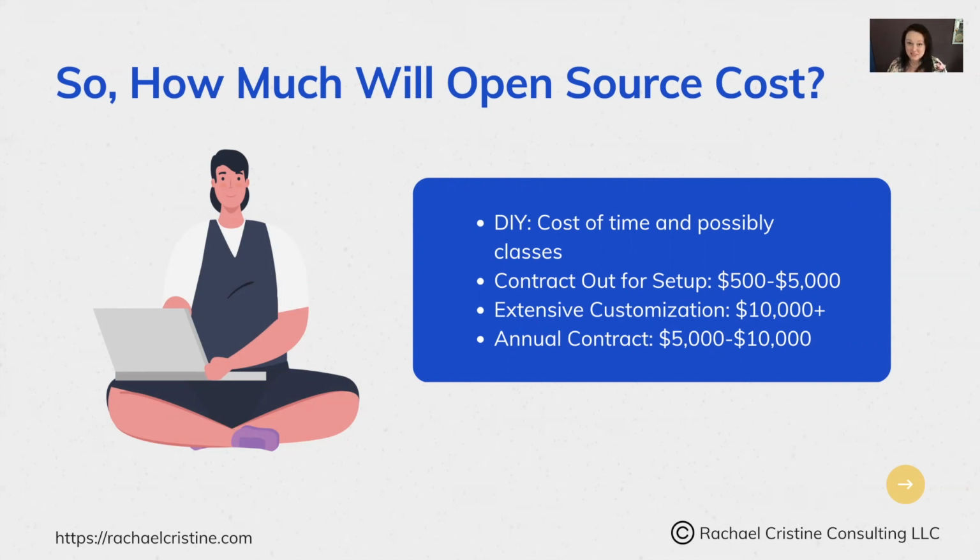If you are looking at extensive customization, and that could be extensive on the back end, building in plugins and features that you want, and on the front end, helping to make it prettier, more engaging, etc., that, of course, is going to take time and cost money. And so then you're going to start getting into the $10,000 plus range. You're probably pretty solid at $10,000 unless you're adding on partners or this is a collaborative portal, that kind of thing. That's all going to increase your cost.